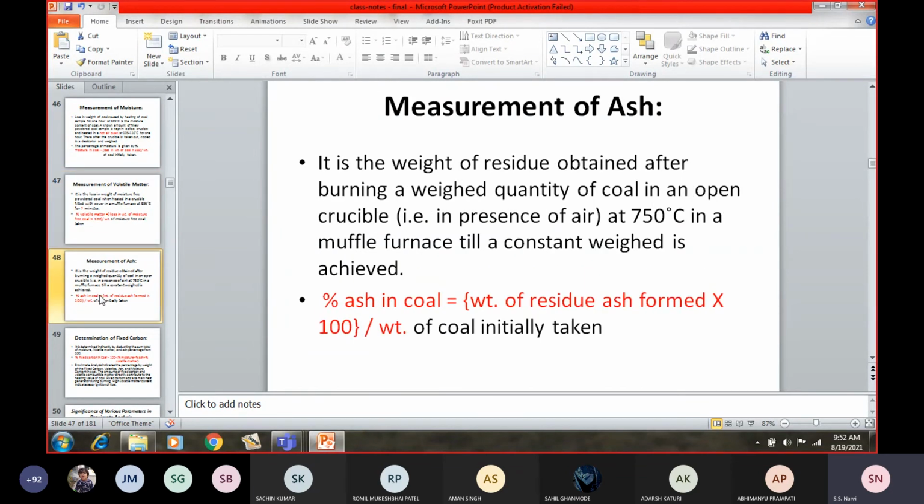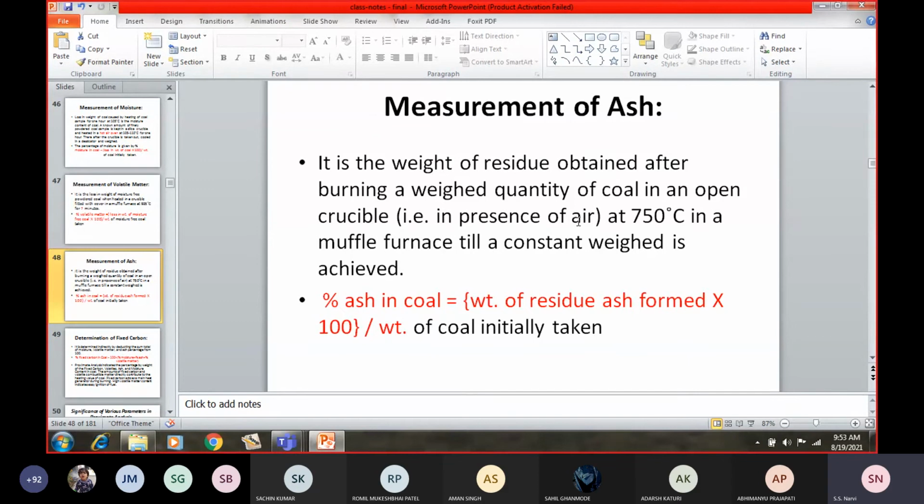Then to the same setup, you take out the lid of the crucible, and you heat it at 700 to 800 degrees centigrade in the same muffle furnace in the presence of air, because we have removed the lid. So now this is open for combustion, and combustion will take place.